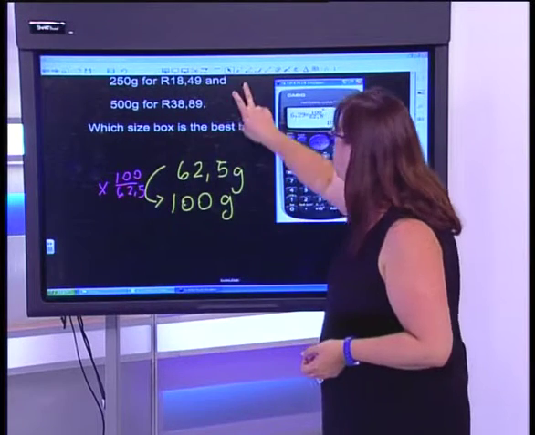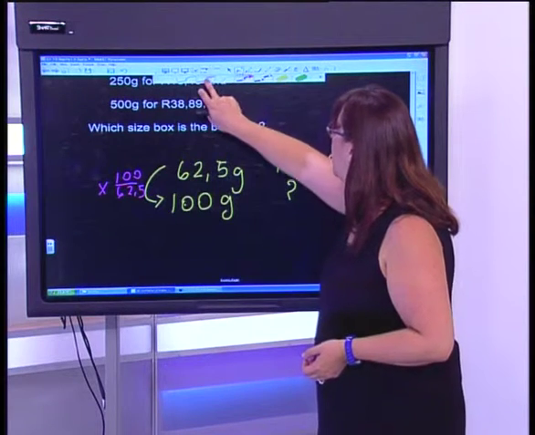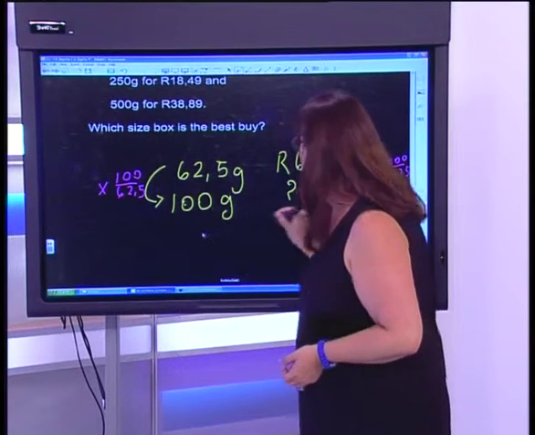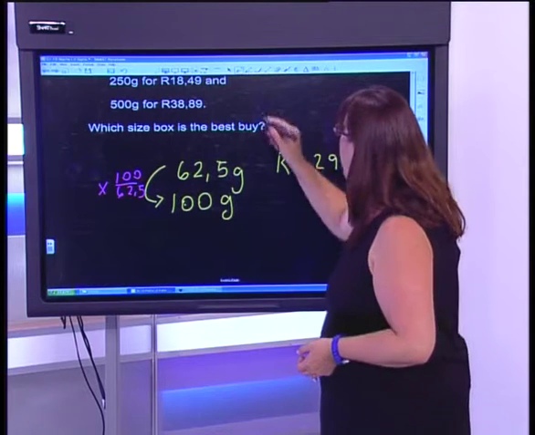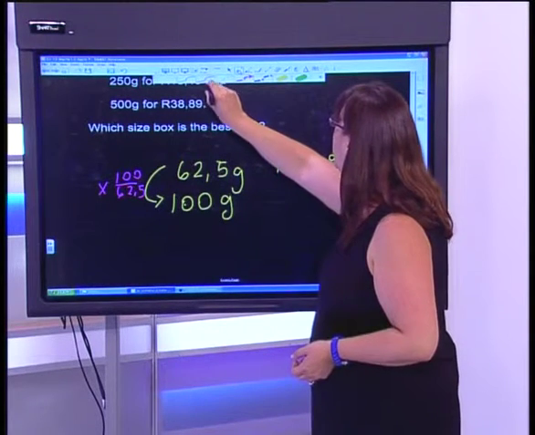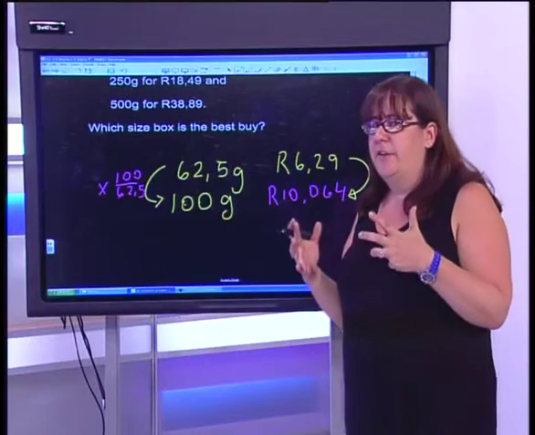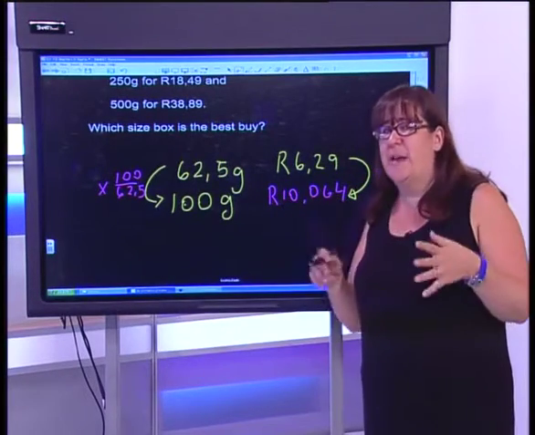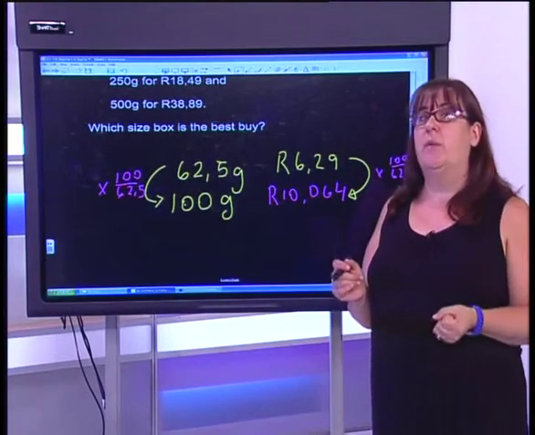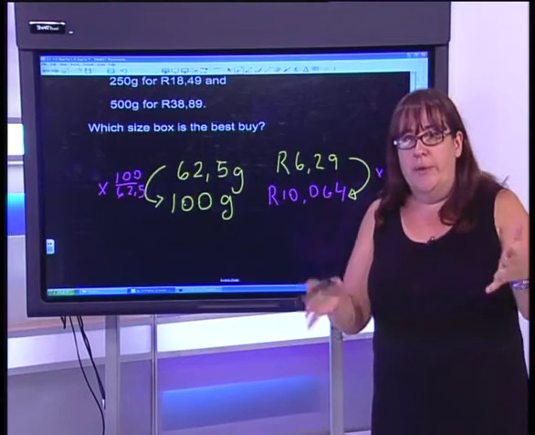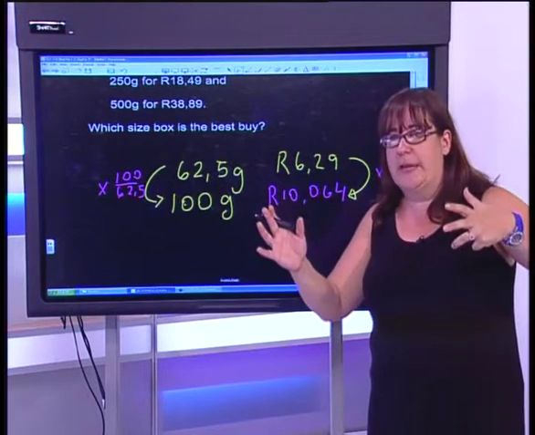So it actually works out to 10 Rand, 0.064. Now I've done a funny little thing there. I've actually kept 3 decimal places when I'm dealing with money. Now we know money is 2 decimal places.